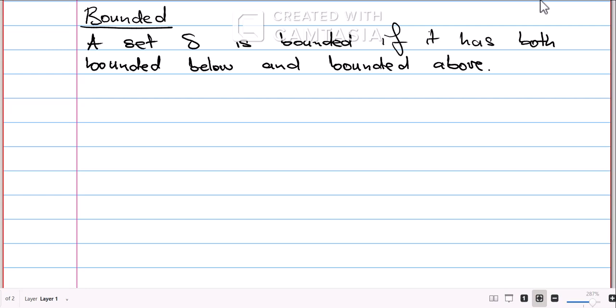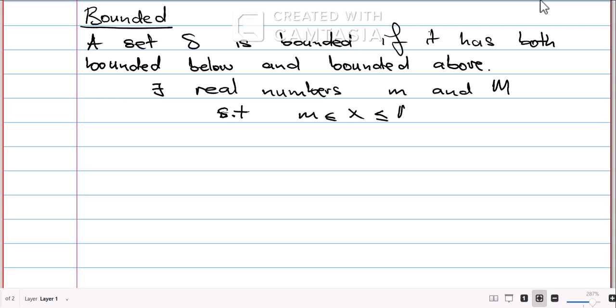So, in other words, we say there exist real numbers m, small letter m, and capital letter M, such that m is less than or equal to x and x is less than or equal to M.